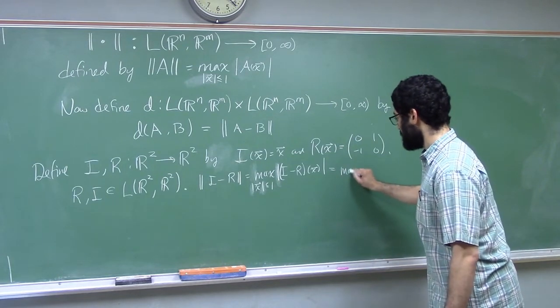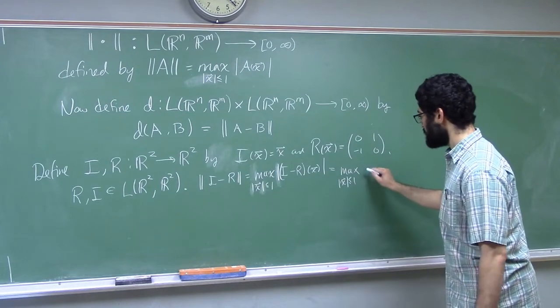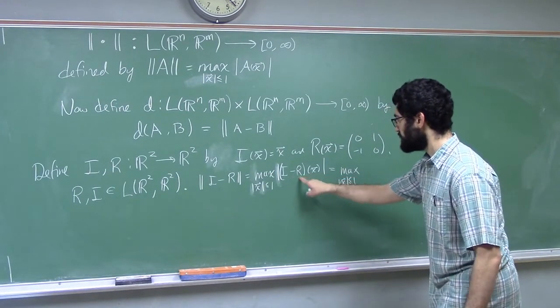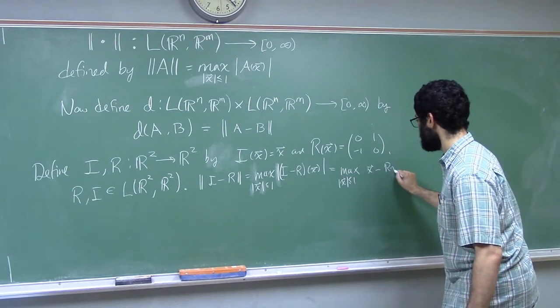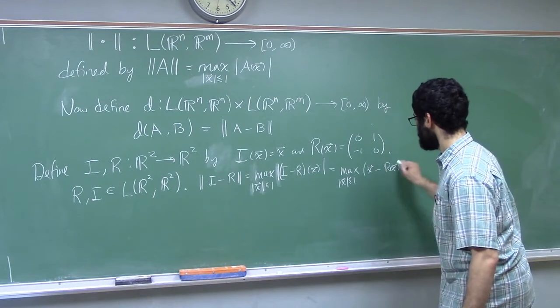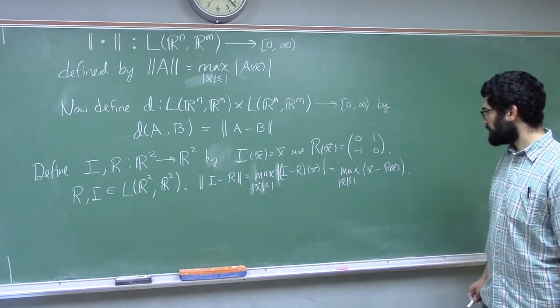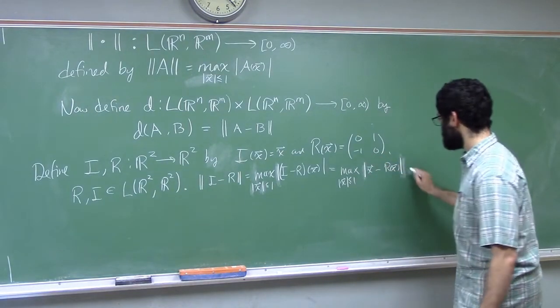So that means the max over the unit ball of, this is a pointwise difference. So this is I of x, which is x, minus R of x, whatever that is. And this is a vector norm here.